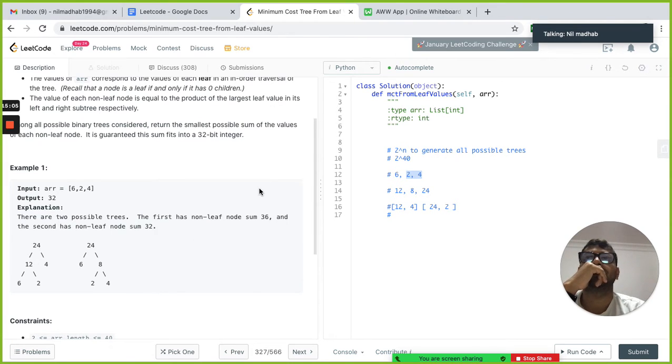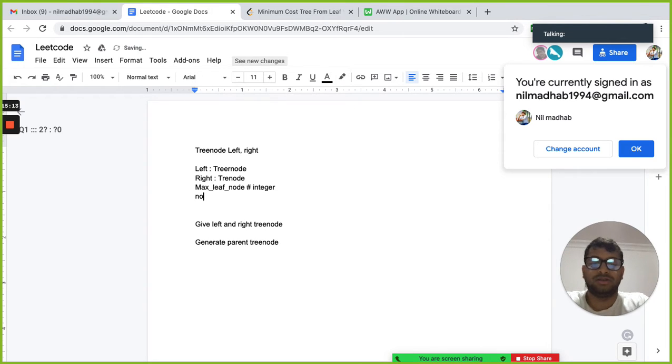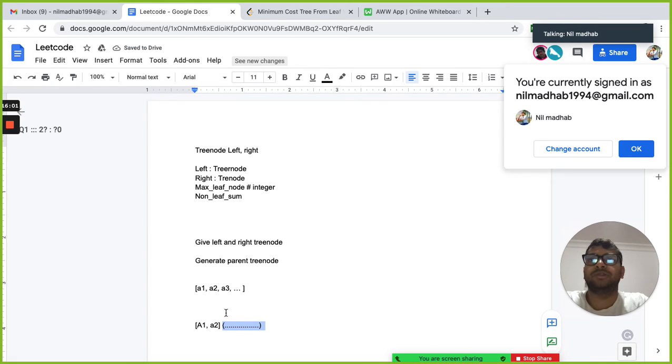We can also have a maximum leaf node and non-leaf sum, and we can generate something like, if we have this array a1, a2, a3, what we can do is take a1 and a2, make a tree node from these two, and then consider the other array, and we can have a recursive function, and then we make one tree from this, one tree from this, and combine those.